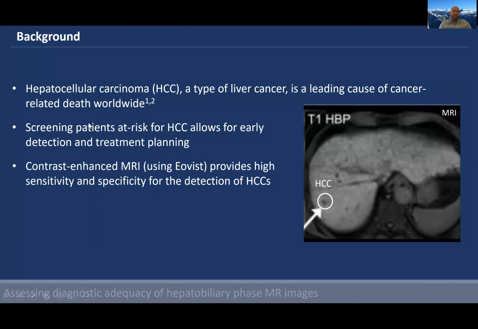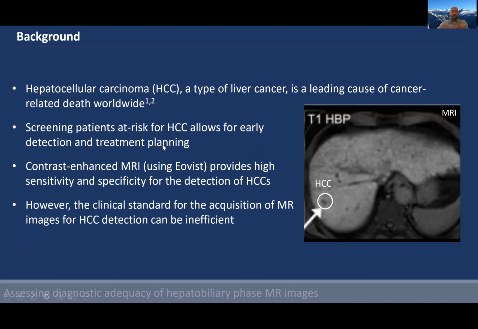Now, contrast-enhanced MRI, specifically using a type of contrast called EOVIST. This is an intracellular contrast, meaning the liver uptakes this contrast within its own cells. It provides high sensitivity as well as specificity for the detection of these types of cancers, meaning radiologists are able to see these cancers better.